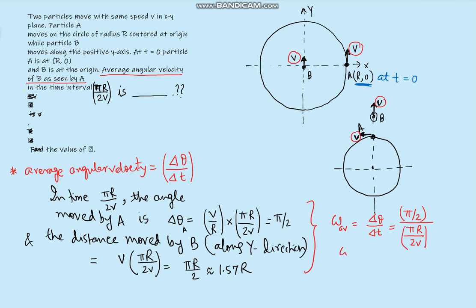So the pi by 2 gets cancelled, and we get v by r. The final answer is v by r. So the average angular speed of B as seen by A is v by r during that particular time interval. Thank you.